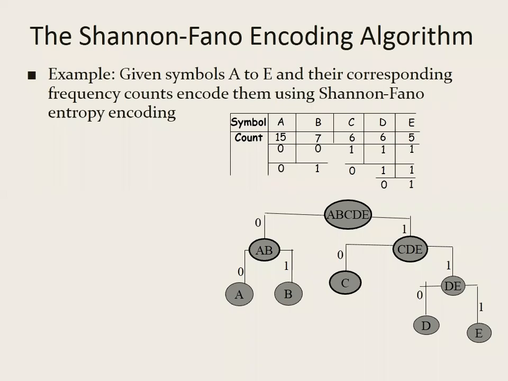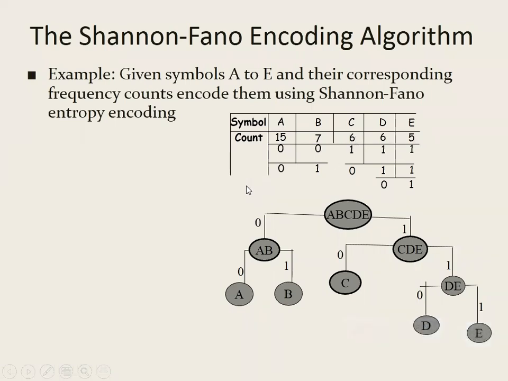So the splitting point should be determined. We have to make sure the two groups are as near to each other as possible, because it's not possible to split them into equal frequencies. So we compare splitting A against B, C, D, E, then AB against CDE, then ABC against DE.